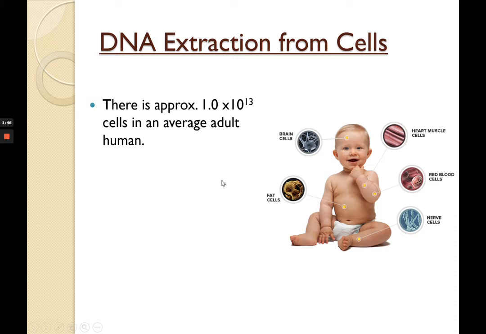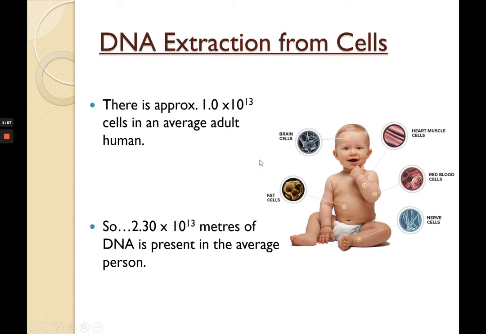So if we take that number and multiply it by the length of a single DNA molecule from a single cell, that becomes 2.3 times 10 to the 13 meters of DNA present inside the average person. The number might not seem to have changed very much, but 10 to the 13 is a very large number.